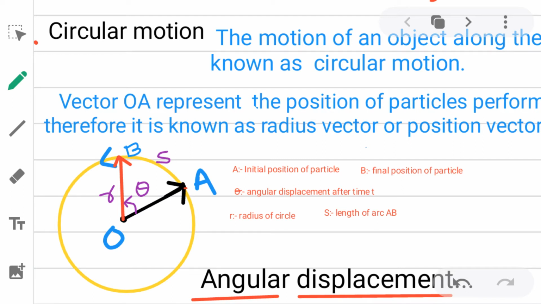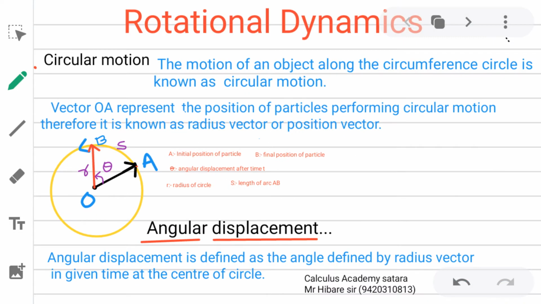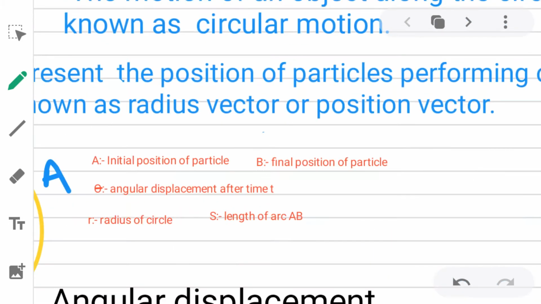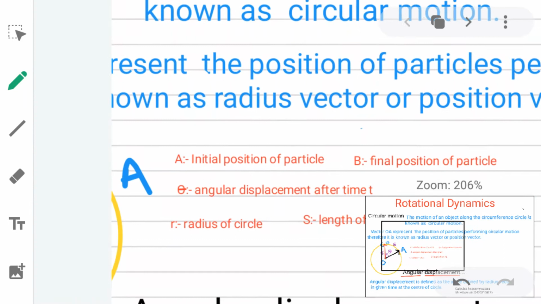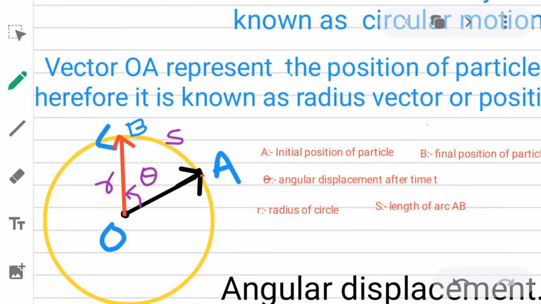First, what is circular motion? The motion of an object along the circumference of a circle is called circular motion, and the vector which represents the position of a particle performing circular motion is known as the radius vector or position vector. Now see here in the diagram, A is the initial position of the particle, B is the final position, theta is the angular displacement after time t, r is the radius of the circle, and s is the length of an arc.